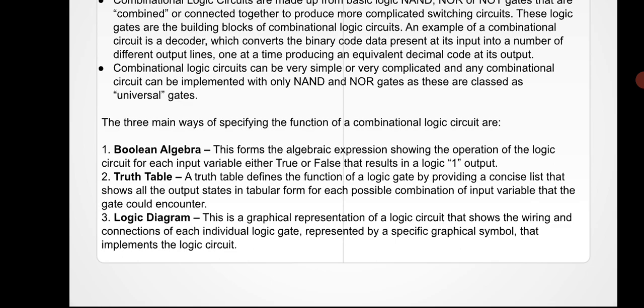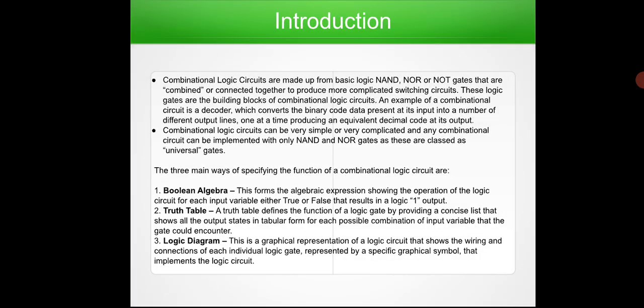And if you are good at graphical representations and representing operations or functions using graphics, then you can go for logic diagram. So ultimately these three are the main ways of specifying the functions of a combinational logic circuit.